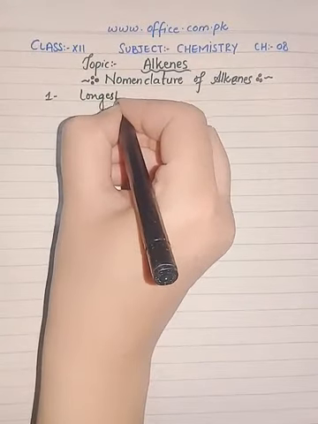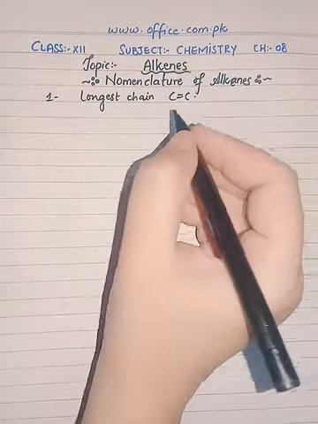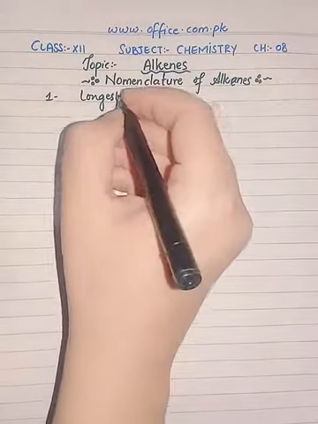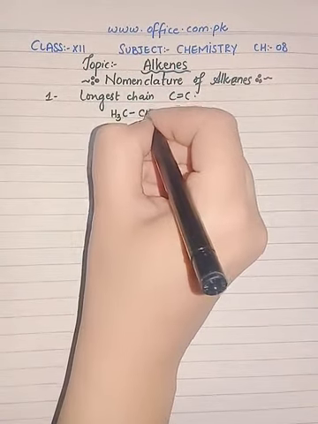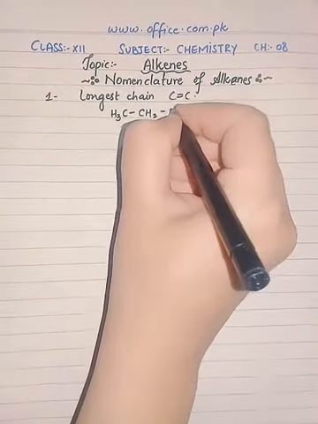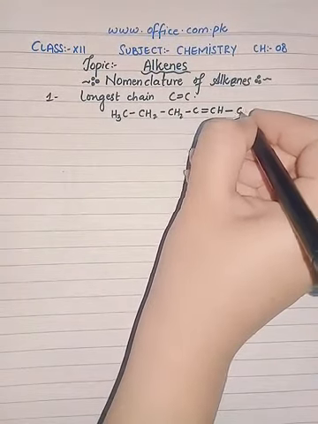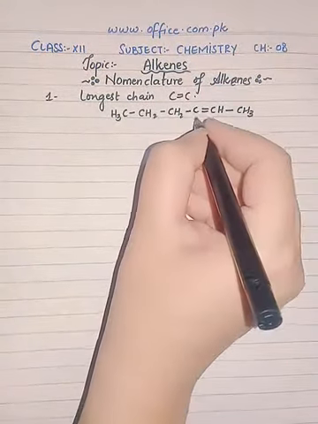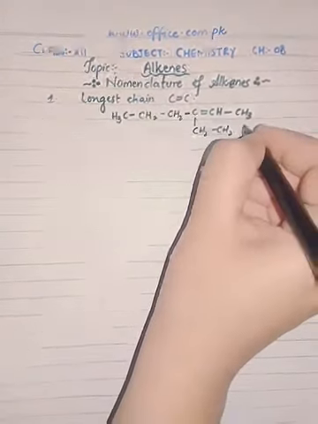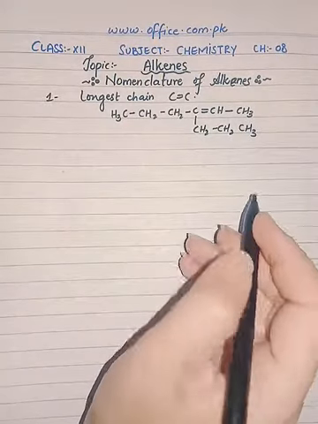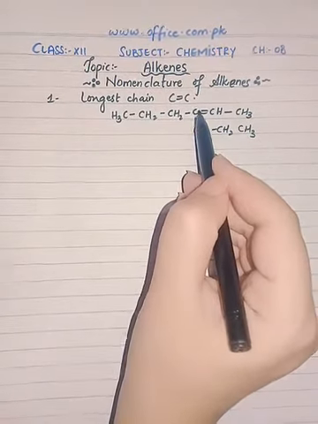we will see the longest chain having the carbon carbon double bond as the parent chain. For example, here we have a compound, so the counting will start from the end that is nearer to the double bond.